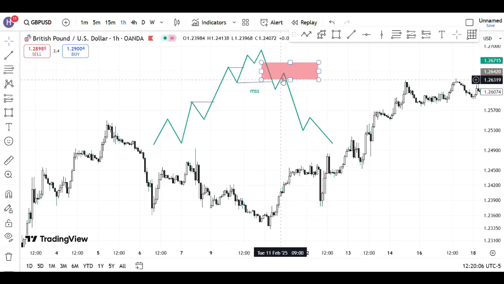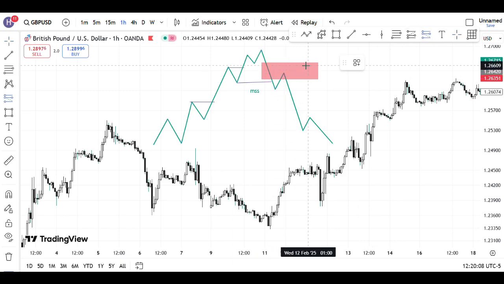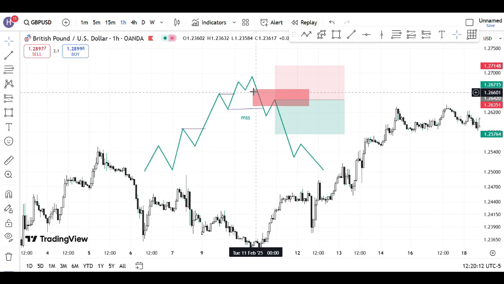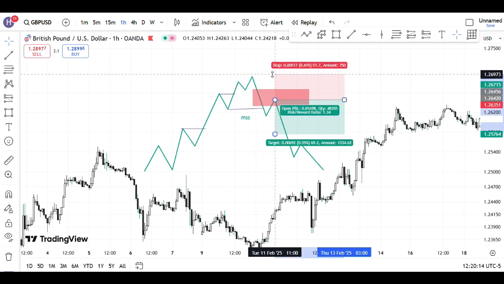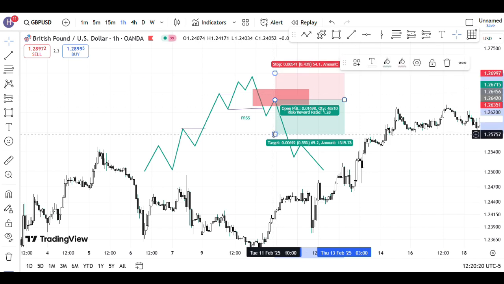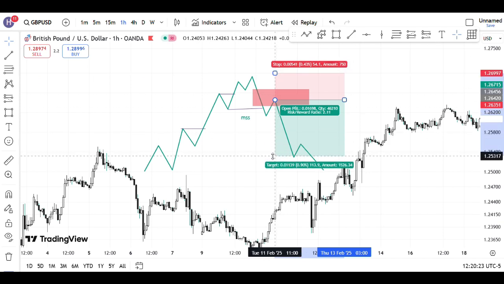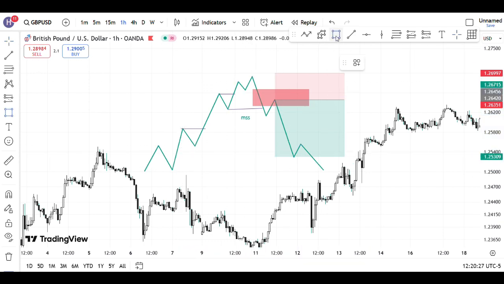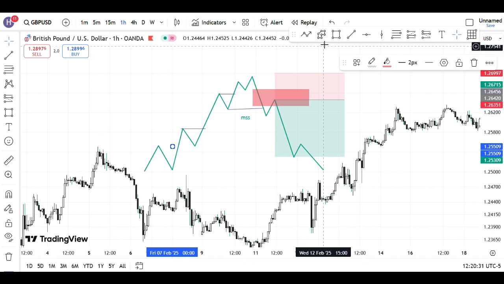In this case, if there is a fair value gap like this, you can take the entry point here. Okay, short entry point. It's coming profit like this. This is the all time high. Yeah, we are keeping the stop loss a little bit higher. Okay, you can get the stop loss like this to this fair value gap.